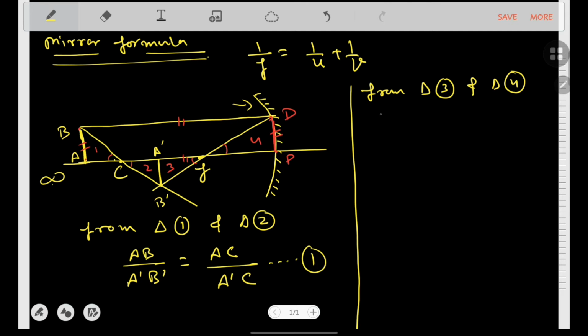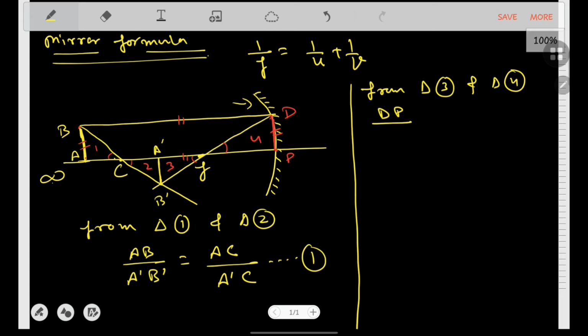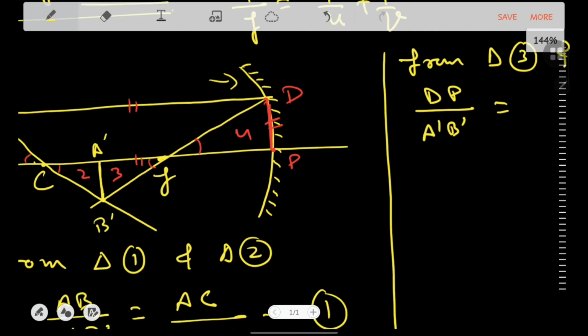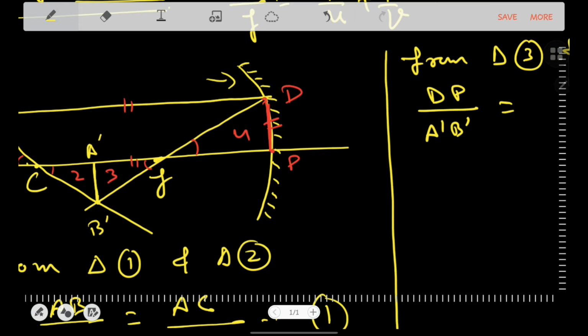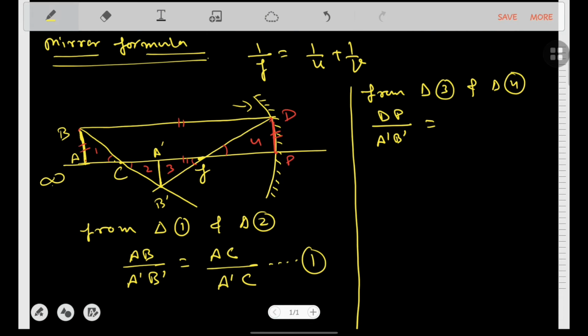So we can take DP upon, that means this height upon the height of the third one, that is called A dash B dash, equal to the ratio of the fourth one's base and the third one's base, which is FP upon A dash F.